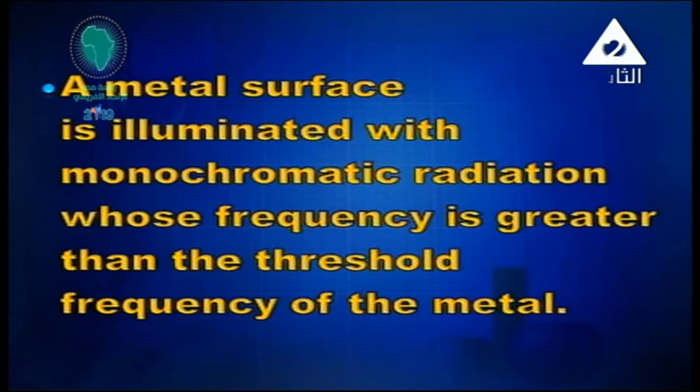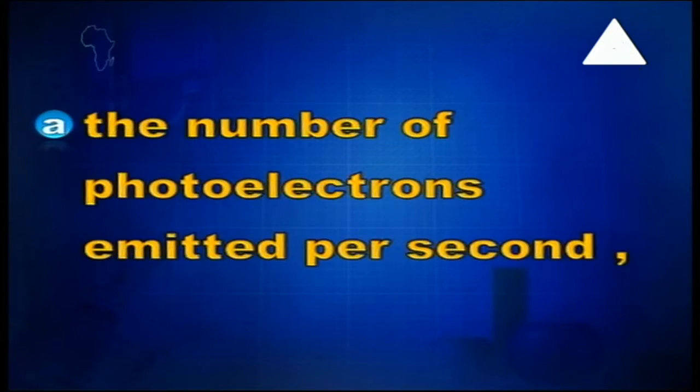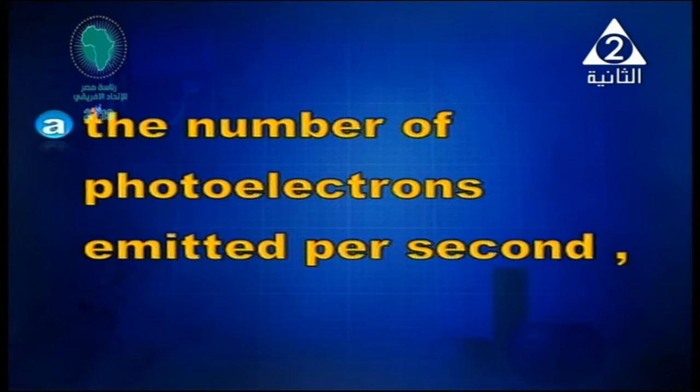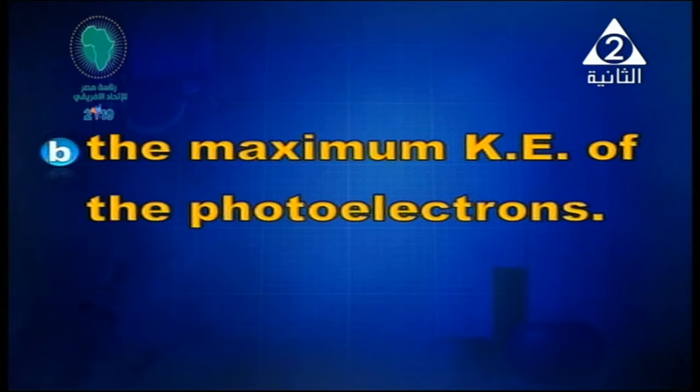Another question: a metal surface is illuminated with monochromatic radiation whose frequency is greater than the threshold frequency. Explain how to increase the number of photoelectrons emitted per second, and the maximum kinetic energy of the photoelectrons.